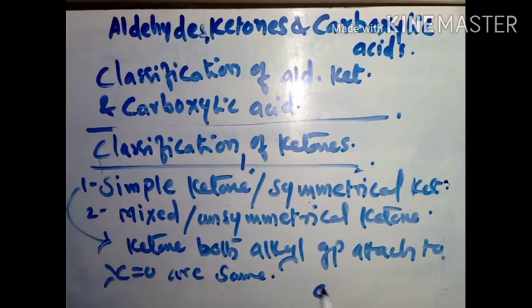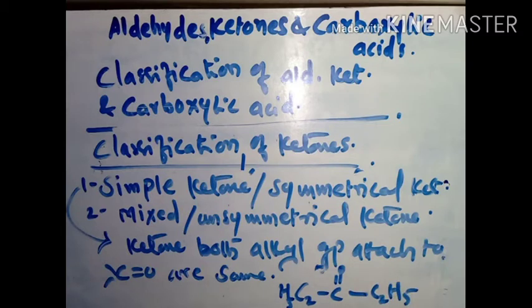For example, C double bond O is a carbonyl group, and to this carbonyl group both the alkyl groups are the same, both methyl groups are attached, that's why this one is an example of a simple ketone. Another example we can take is diethyl ketone, that is C2H5 C double bond O C2H5.